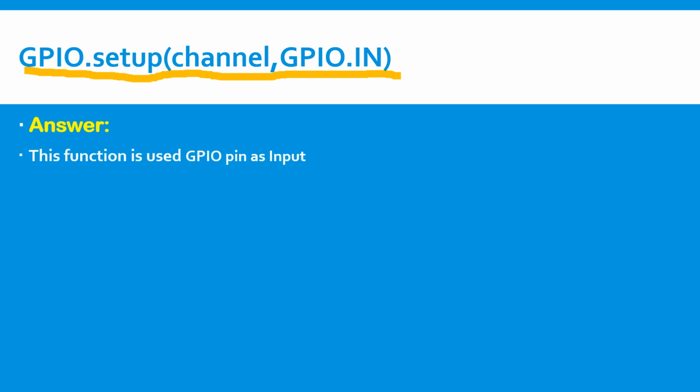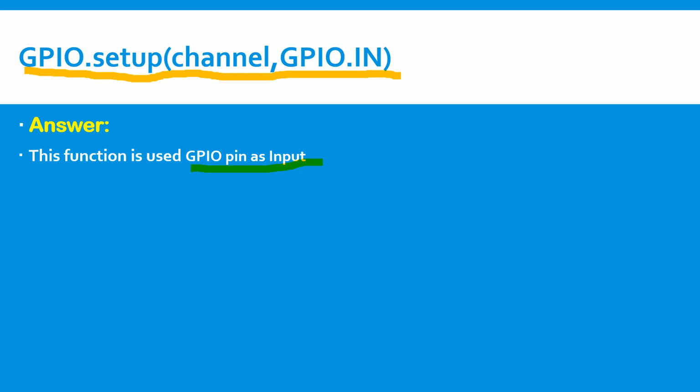Now let's go for next GPIO function, that is GPIO.setup channel comma GPIO.in. This function is used to set GPIO pin as a input.